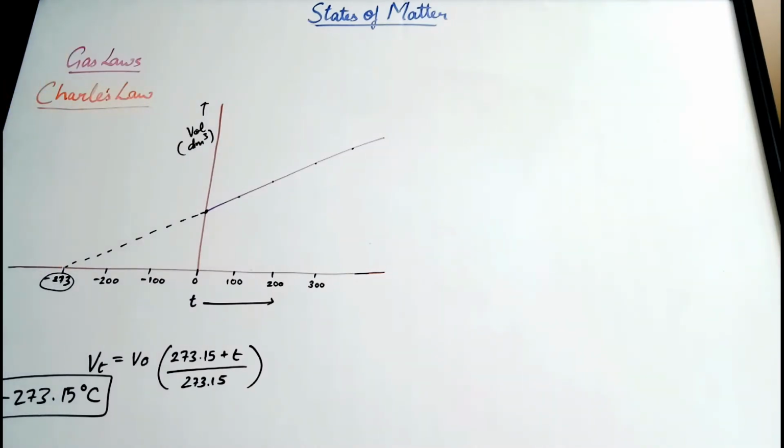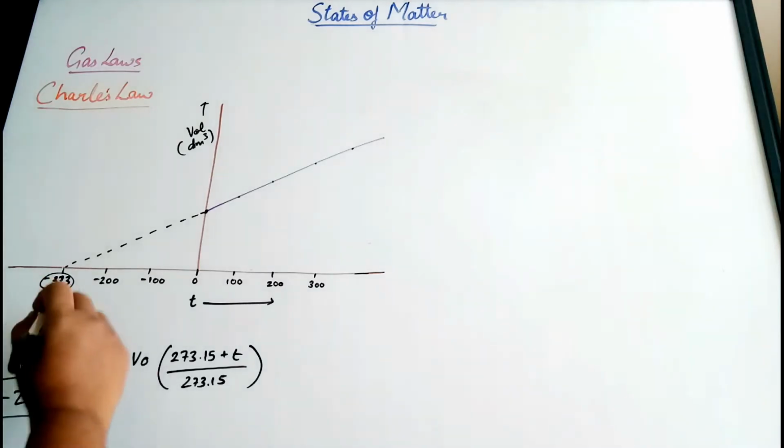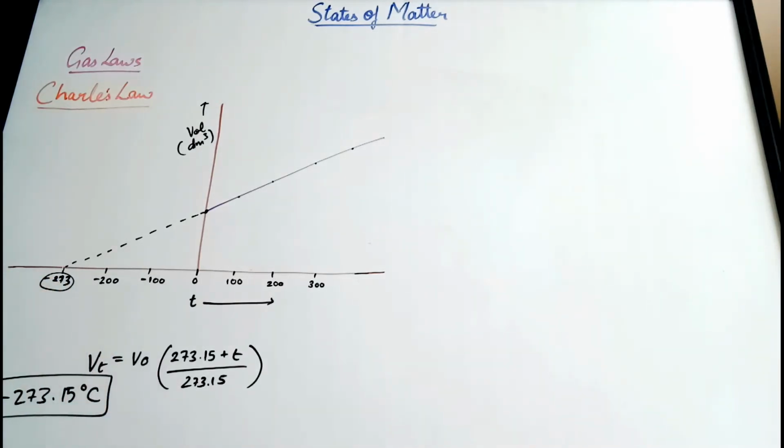What was unique was that irrespective of the kind of gas, all the gases seemed to be meeting the x-axis at minus 273.15 degrees Celsius. And that is why this number is very important. First of all, let's get this straight: a negative value of volume is not possible, because you can't have volume as a negative.